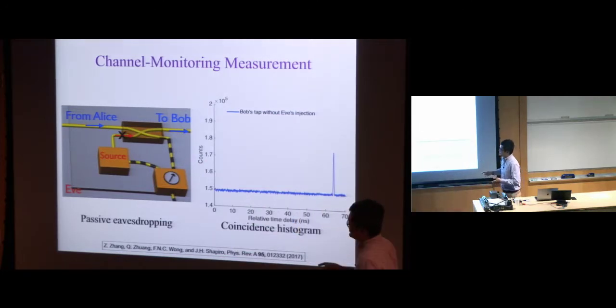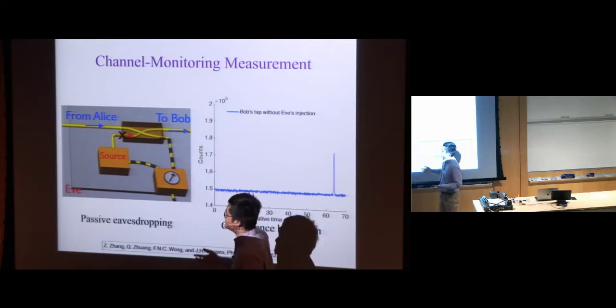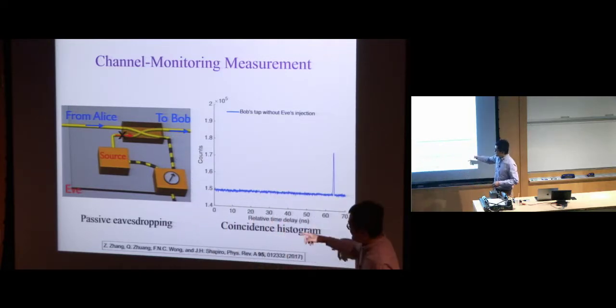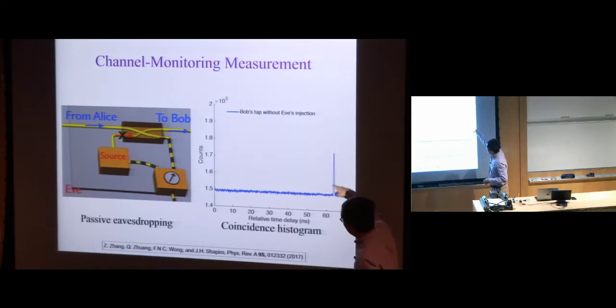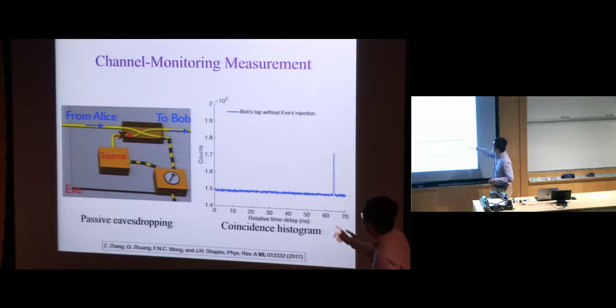But as a first step, we completely shut down Eve's input so that everything Bob receives comes from Alice. From this coincidence measurement histogram, you see a peak, which means Alice's and Bob's received photons arrive in this sharp peak.